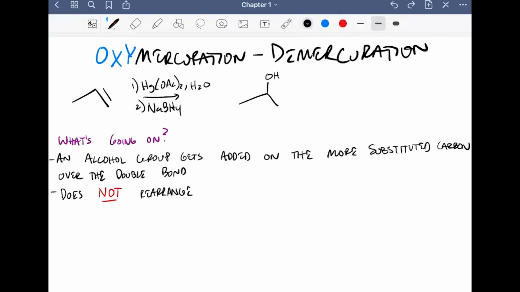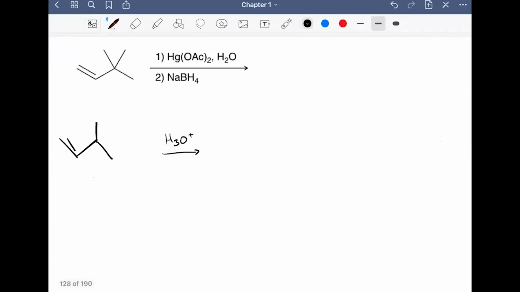And this one, an alcohol group, again gets added to the more substituted carbon, but this one, it cannot rearrange. So how I was saying that you can move that carbocation over to a better position over the hydrocarbon chain, you cannot do that for oxymercuration, demercuration.